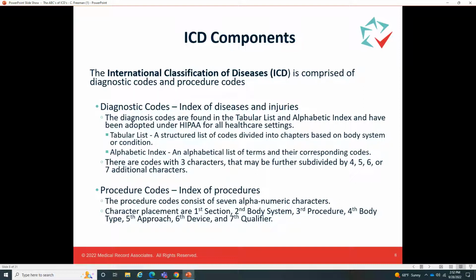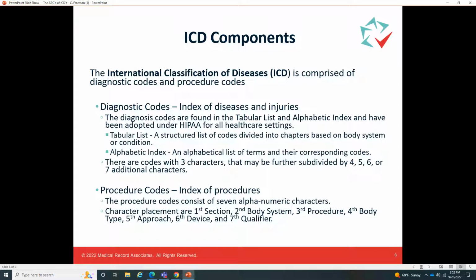A tabular list is a structured list of codes divided into chapters based on body system or condition. The alphabetic index is an alphabetical list of terms and their corresponding codes. There are codes with 3 characters that may be further subdivided by 4, 5, 6, or 7 additional characters.